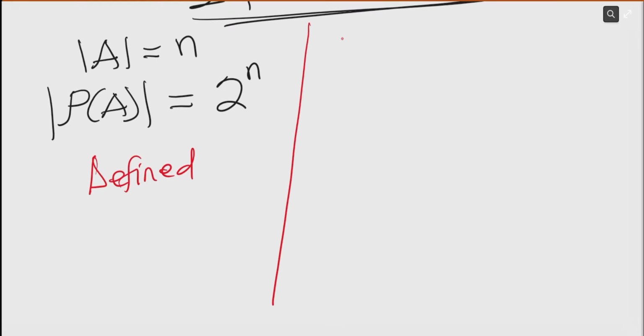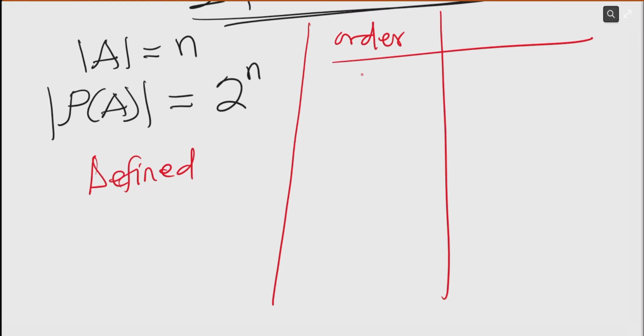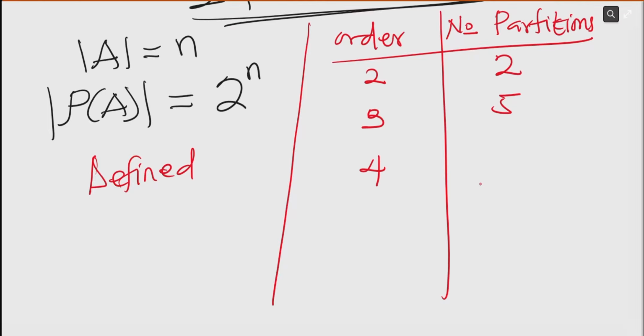Just that if you have a set of order 2, you can have 2 partitions. If you have 3, then you'll be getting 5 partitions. And for 4, you get 15 partitions. 5, you get 52, and so on and so forth. The number of partitions grows rapidly, so there is no specific formula for calculating it.